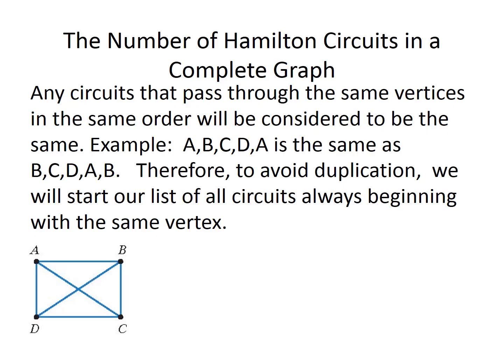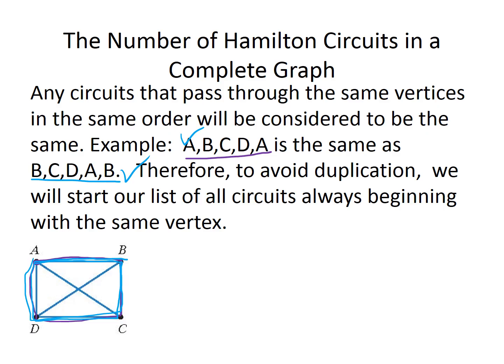For example, if I start with A and make the circuit A, B, C, D, A, that is the same as starting at B and going in the same direction: B, C, D, A, B. These are the same circuit.